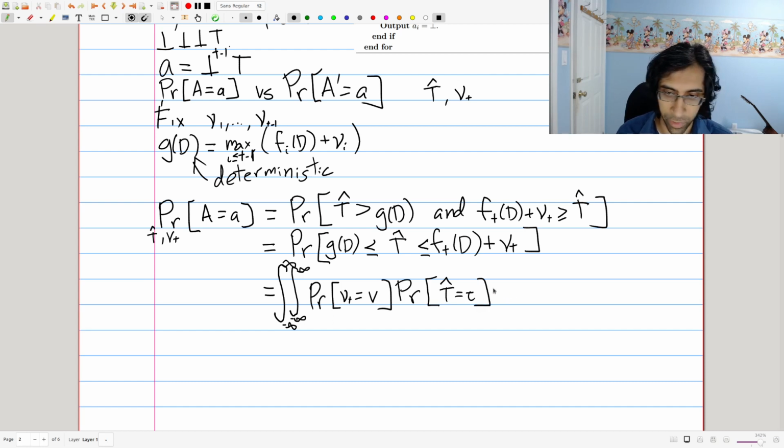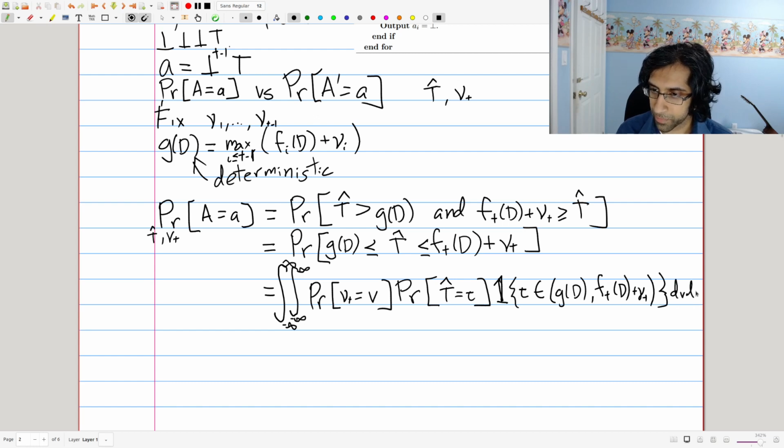And we're going to use an indicator, which is 1 when this event holds, that is when this is tau, and when this is in the range g of d, comma, f sub t of d plus nu sub t. And dv d tau.